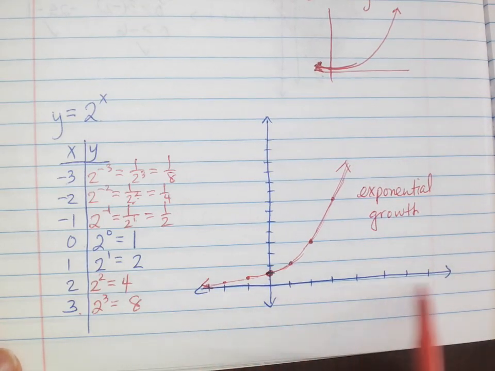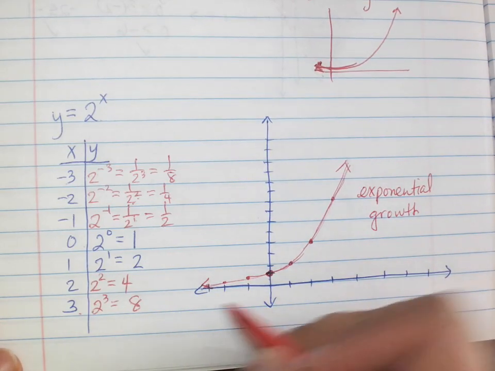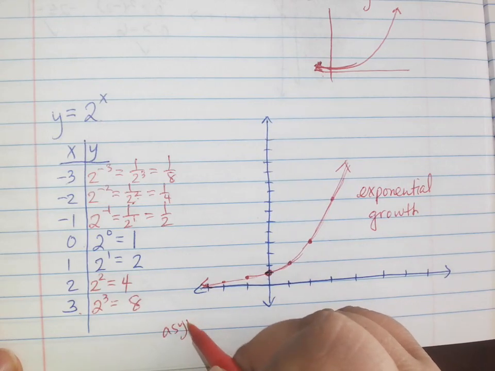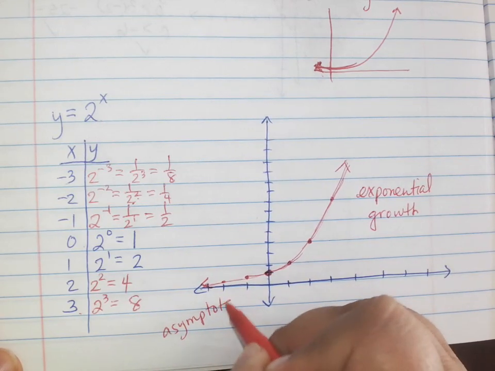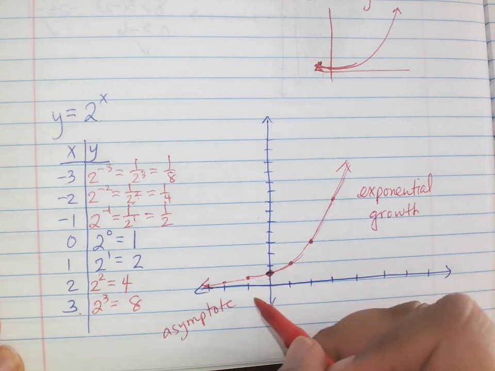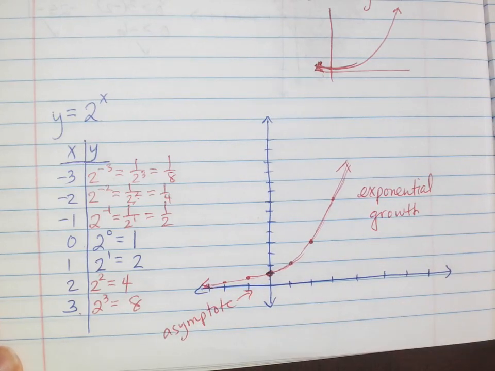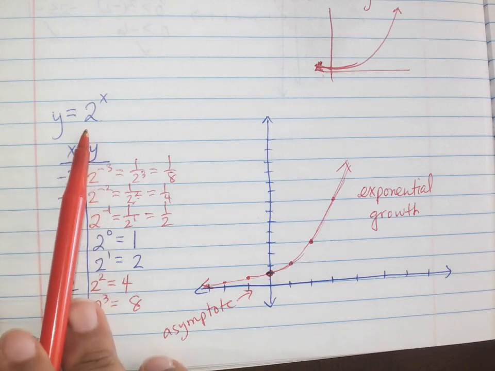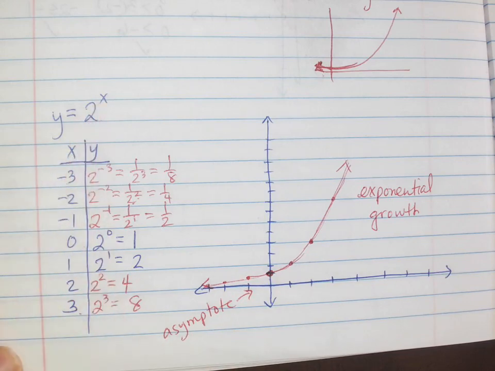And this right here, you know how it's not crossing 0? This is what we call an asymptote. You'll see this next year in math, but it's basically a line that it doesn't cross. You can see there's no number that you can put for x that would make this be 0. So it will never touch this line, but it will get closer and closer. Okay, so that's basically how we graph it.